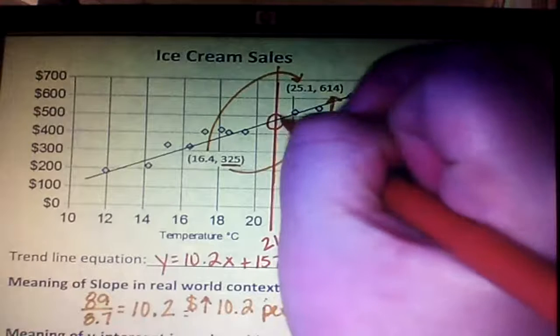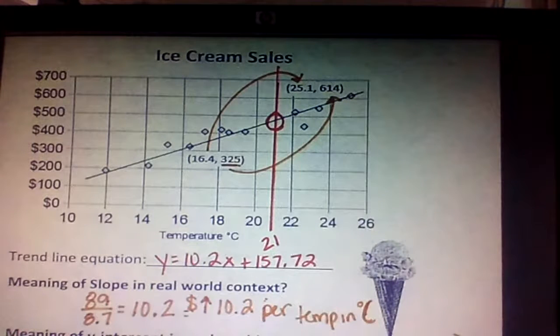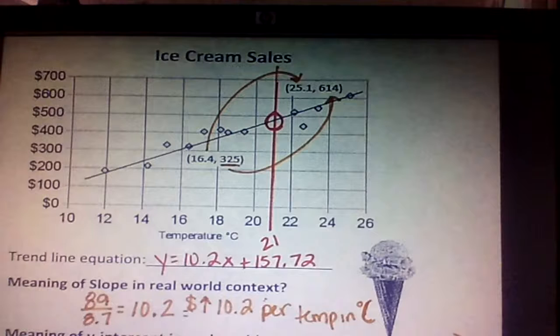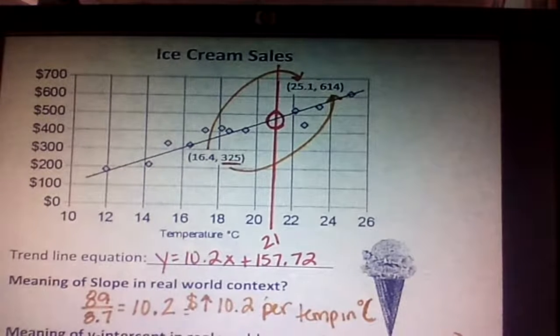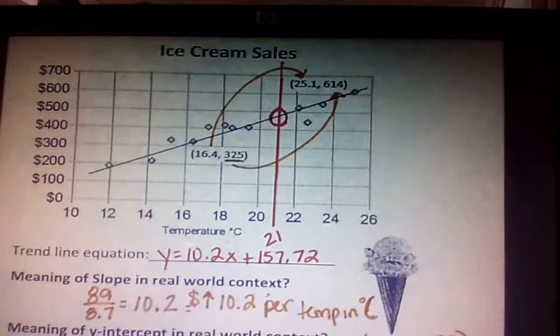Approximately how much money should we make if we're at 21 degrees Celsius? We can just make a good guess if you really wanted to. But he's absolutely correct. We have an equation.